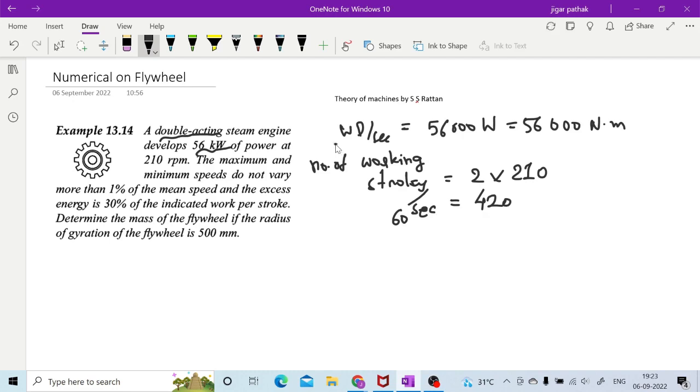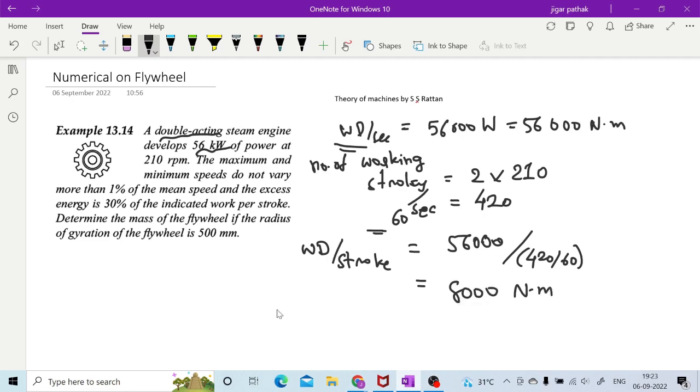So in short, you have the work done per second and the number of strokes per second. From this you can derive work done per stroke. So work done per stroke will be 56,000 divided by 420 by 60. It will give you 8000 Newton meter.